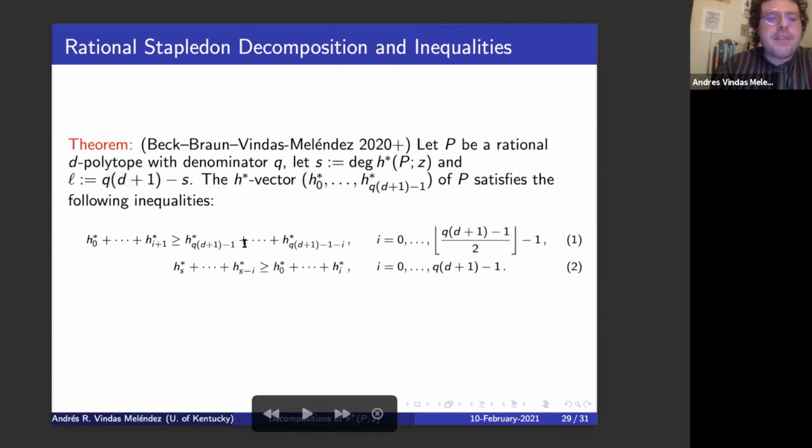And I will say that these are generalizations of two inequalities that were done independently, one by Stanley and the other by Takayuki Hibi. Both of these I think were done using very algebraic techniques for the lattice case, and so what we do here is generalize it to the rational case.